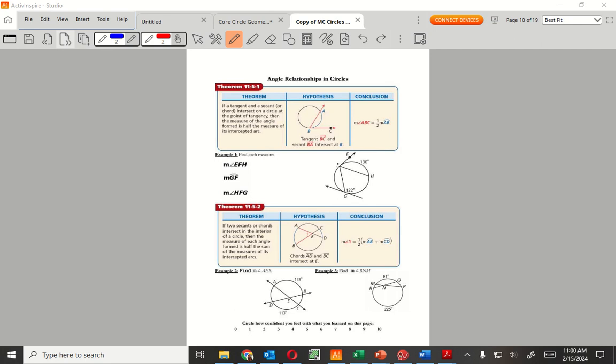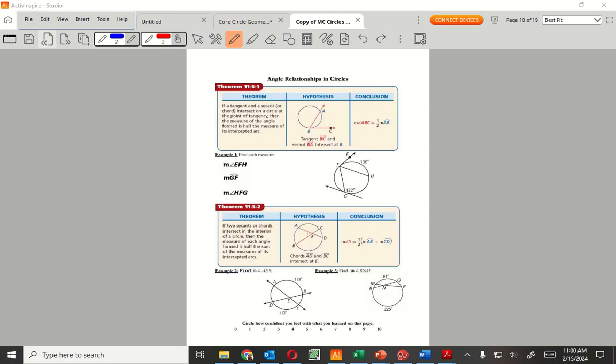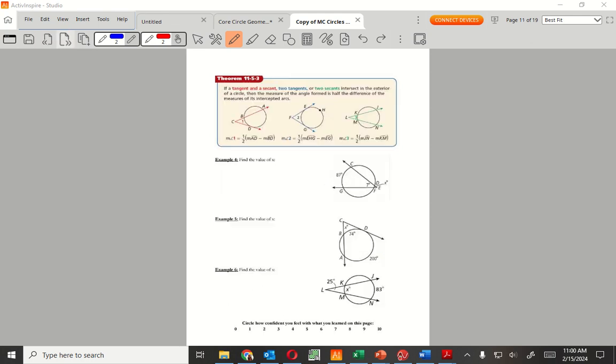Angle relationship. So where's this one at? That's 7. That's 17? It should be on 17. Angle relationship. Theorem 11.53.